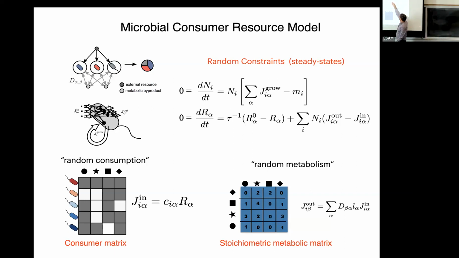And that's basically the whole dynamics, right? Now I'm going to let there be many species and many resources, and I'm going to play games. Like, how much structure do I have to put into these random matrices in order to reproduce the patterns I see in large scale sequencing? That's basically the only game in this whole thing.